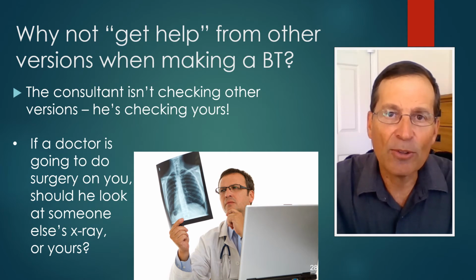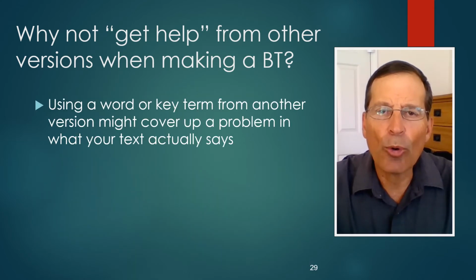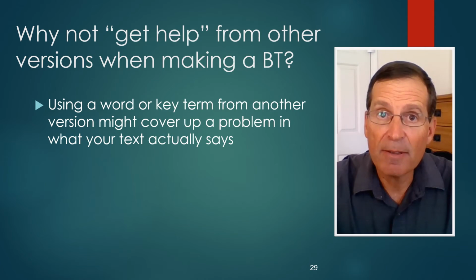And the consultant wants to see how you word your back translation. He doesn't want to see how another published English version has translated the text. Using a word or key term from another version might cover up a problem in what your text actually says.